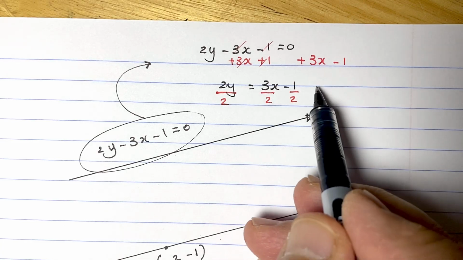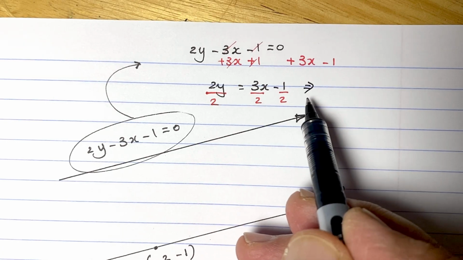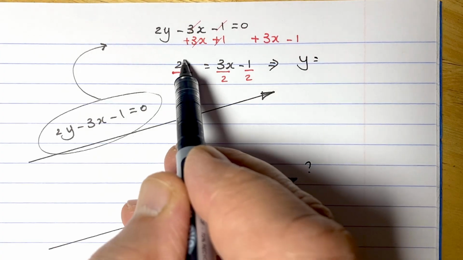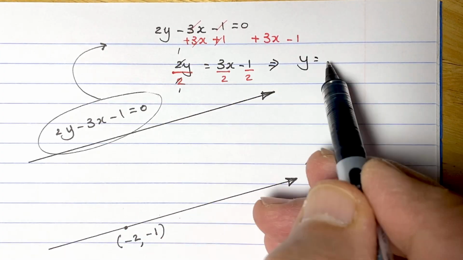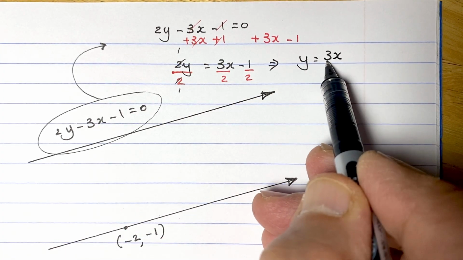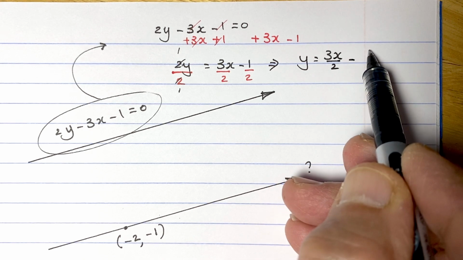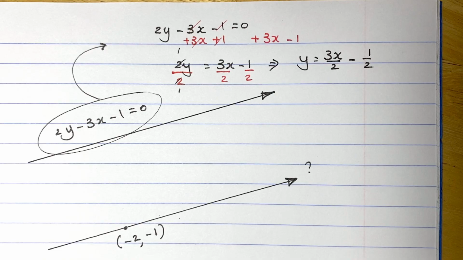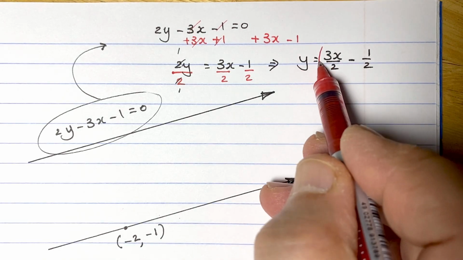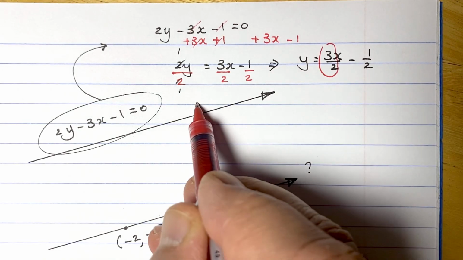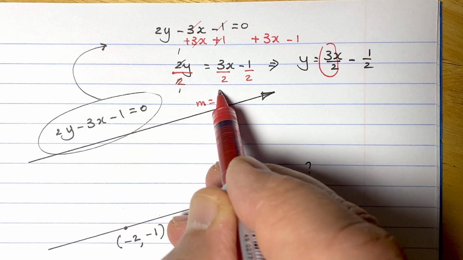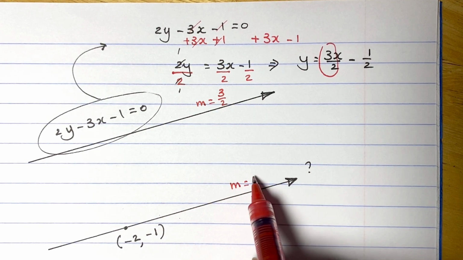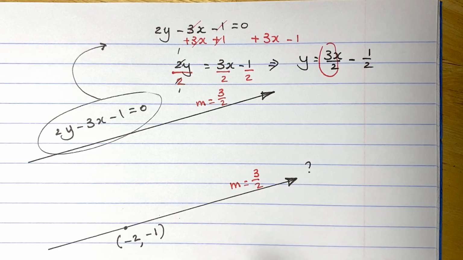So here I now have the equation of the line, which is y equals 3x over 2 plus half. Now I can tell you what the m of this line is. The m is 3 over 2. So m of the parallel line is also 3 over 2.